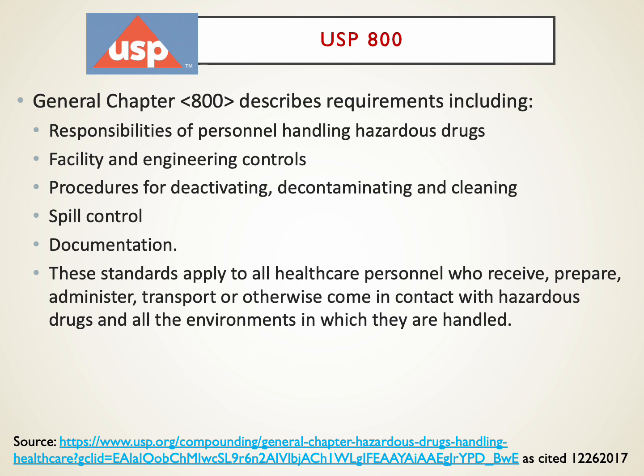They have developed a set of requirements and guidelines about how people using them are trained, and procedures for how to transport them, store them, clean up after them, decontaminate, control a spill, and document who has had these standards. Anyone involved in healthcare needs to be aware that these drugs could be problematic.